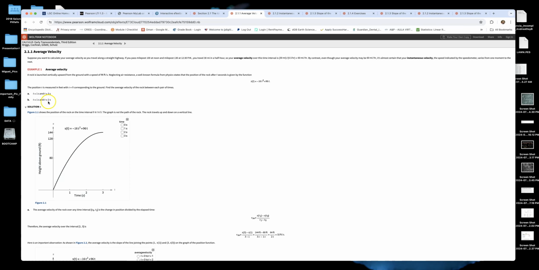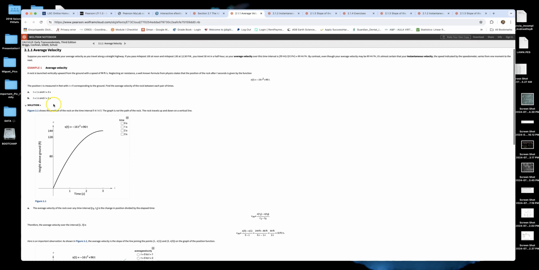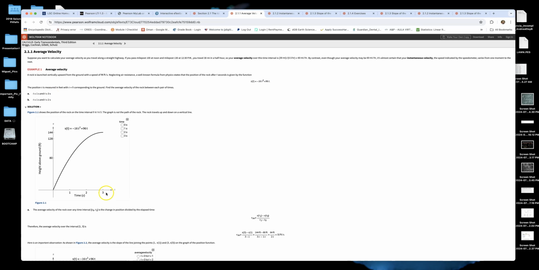So for instance, as they say here, compute the average velocity between the elapsed time of 1 second and 3 seconds. What you're going to do is measure the height at 3 seconds, which is given by this formula, and then measure the height at time equal to 1 second.